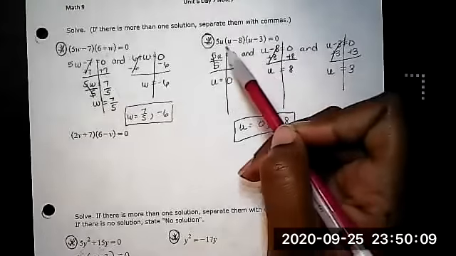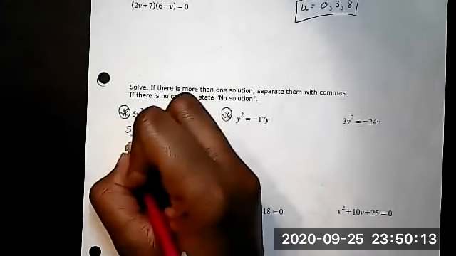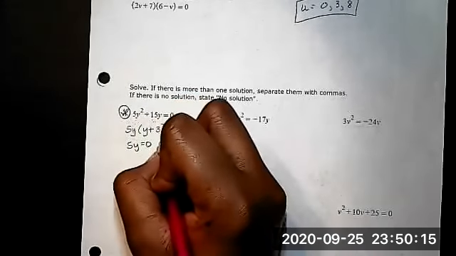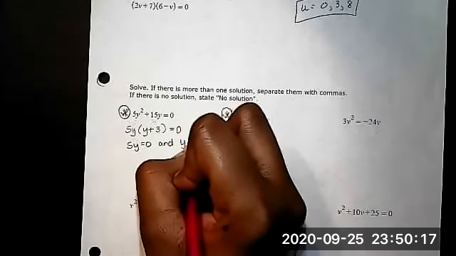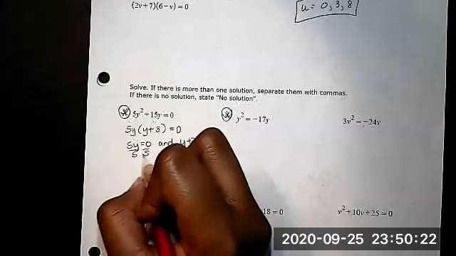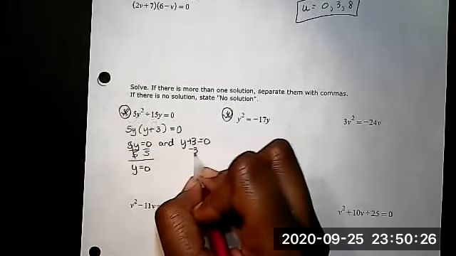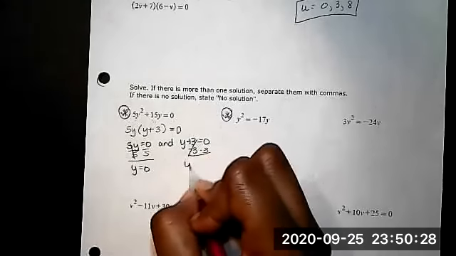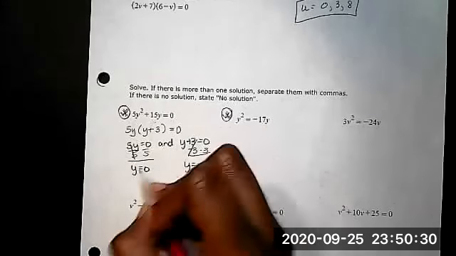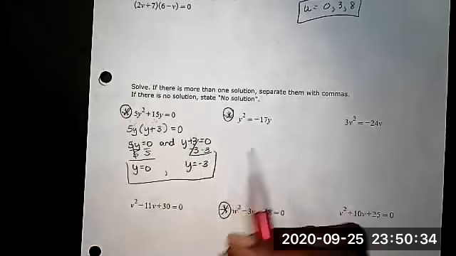I'm going to have 5y equals 0 and y plus 3 equals 0. Divide by 5, y equals 0. Subtract 3 here, y equals negative 3. So these are your different answers. Okay.